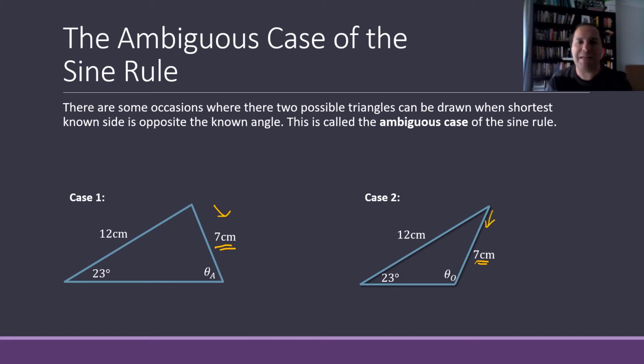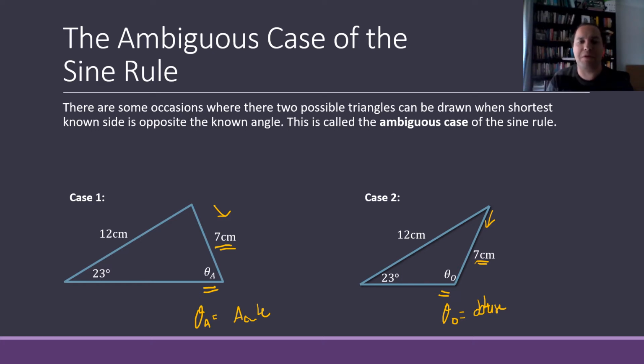And what that means is that there are two possible triangles that can be drawn, and hence there are two possible angles that could be calculated using the sine rule. So in this situation, I'm going to use theta A to call the acute angle, and theta O to be called the obtuse angle.